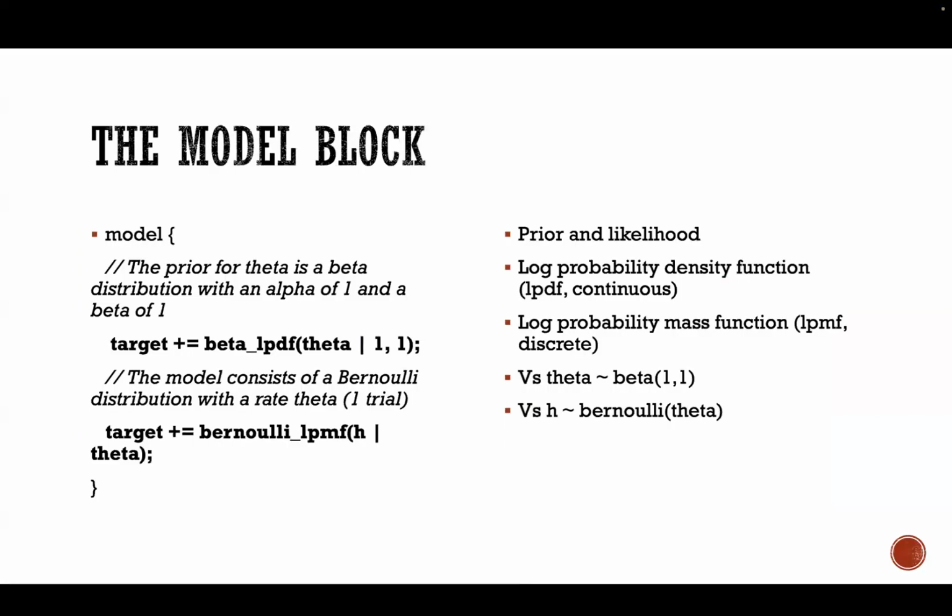So in the model, and here I put some comments so it's easier to look at the slides at a later stage. In this case, I'll do what Josh would do, right? So the prior for theta is a beta distribution with an alpha of 1 and a beta of 1. And now I'm going to use a slightly different way of writing it than I did Friday, and I'll explain why, which says target plus equal, meaning increment, keeps on adding at every iteration.